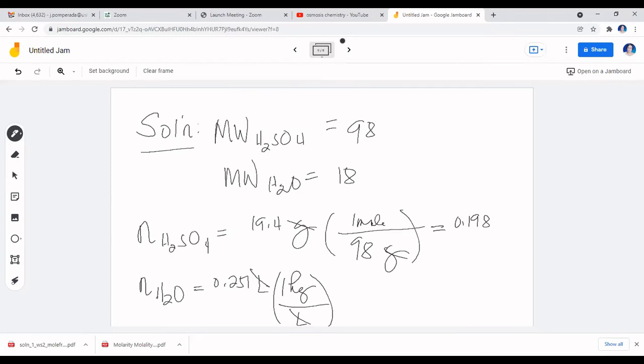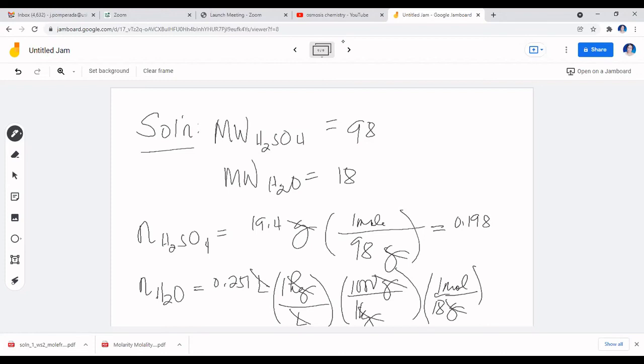Then I will use the conversion 1 kilogram, 1,000 grams. So I cancel the kilogram. Now my grams can be converted to moles. So I place here 18 grams for every mole H2O.